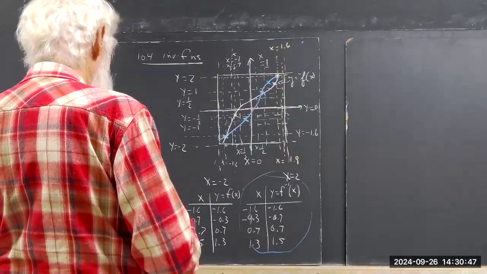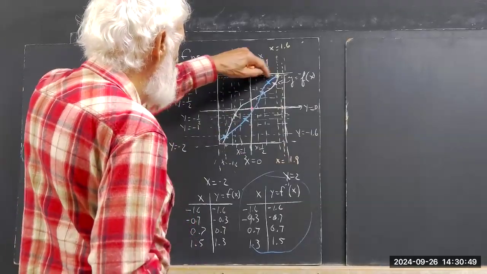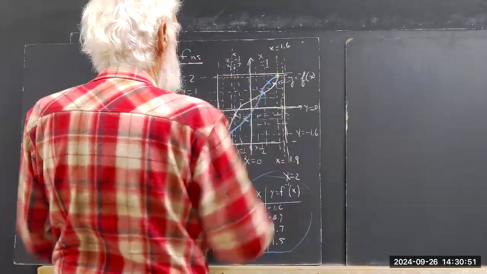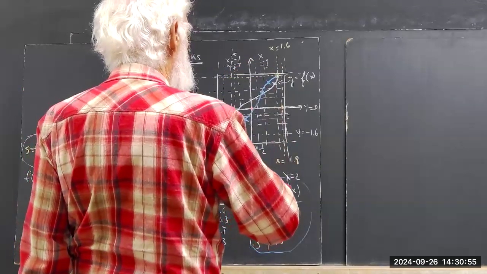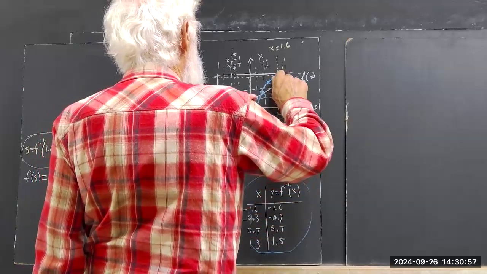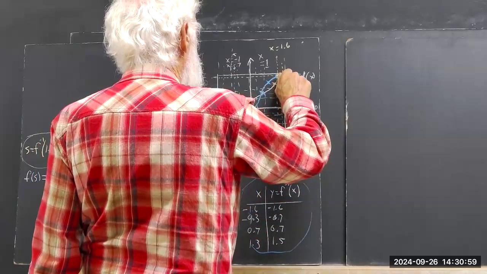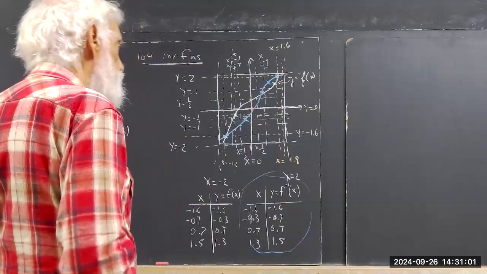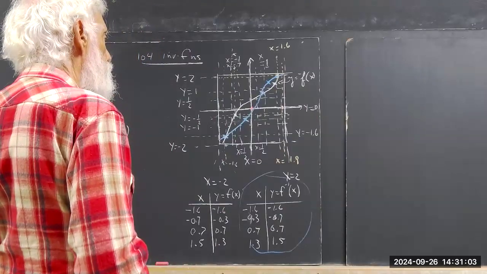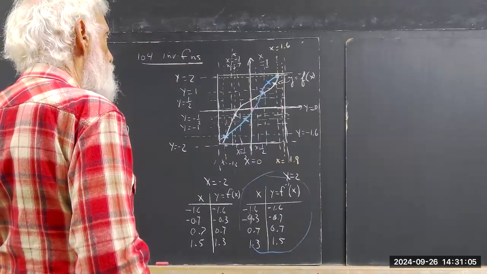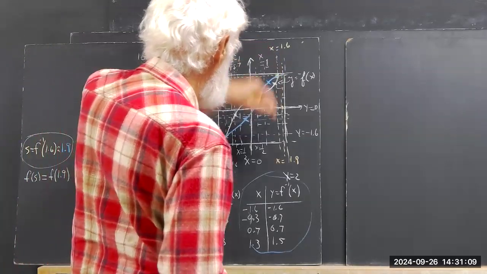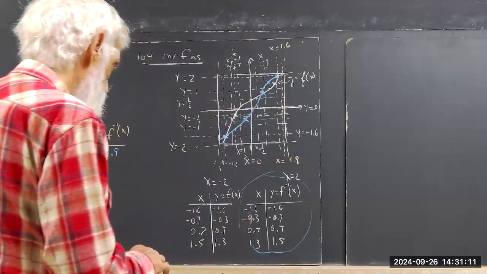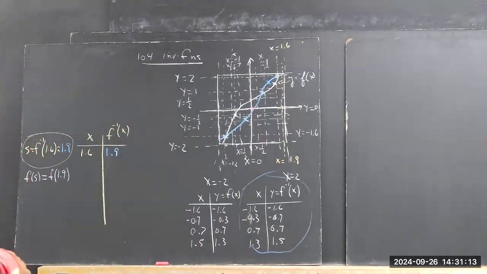And it isn't clear exactly what f is going to do after this point. The way I've drawn it, it's tending to curve somewhat downward, or maybe it's going to continue to curve downward. So if f of x curves upward, that's not quite accurate. Still, we're going to make the best of this.